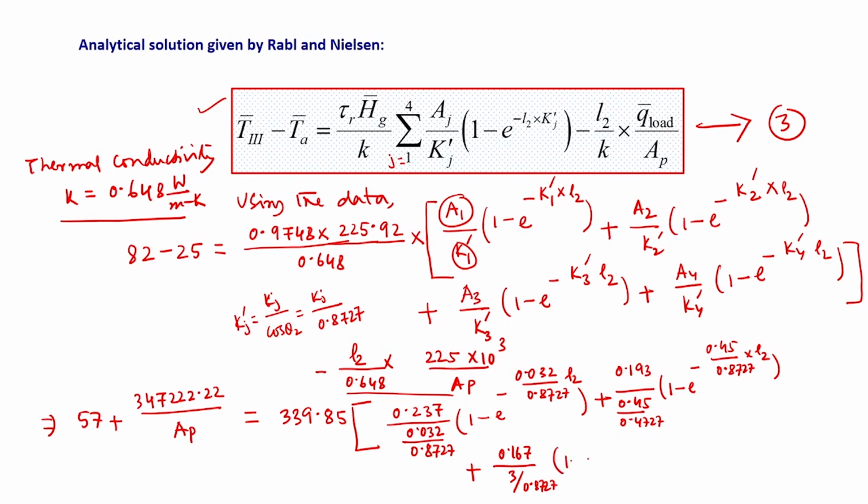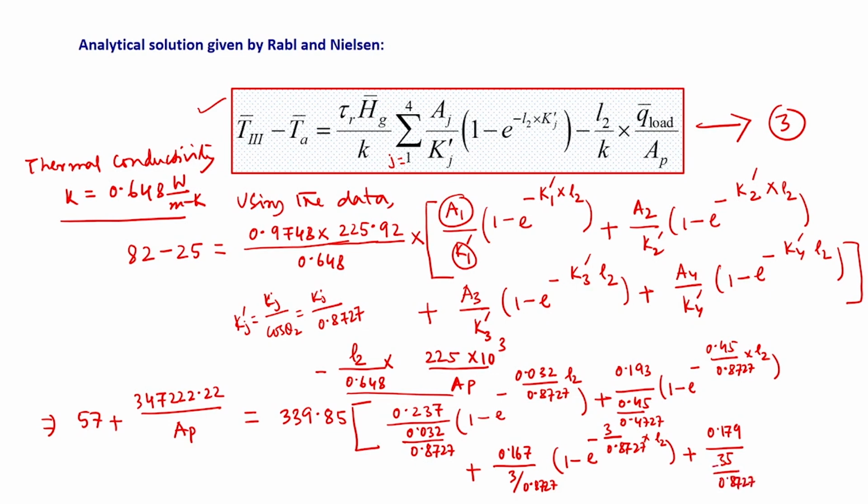And 1 minus e to the power of minus 3 divided by 0.8727, where 3 is for K3, multiplied by L2, plus we will have 0.179 divided by 35 divided by 0.8727.